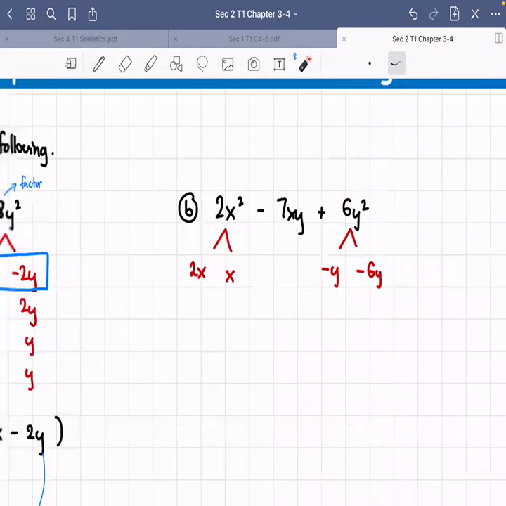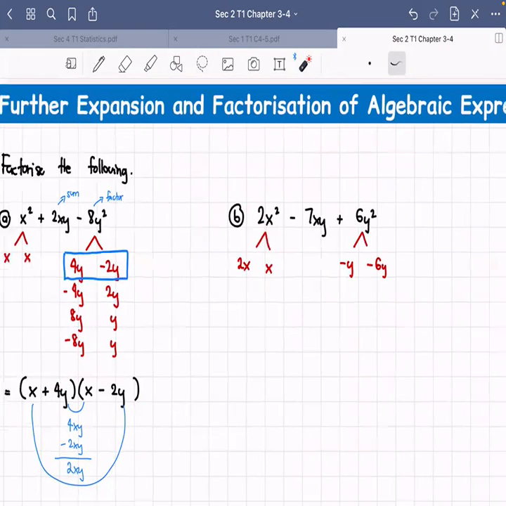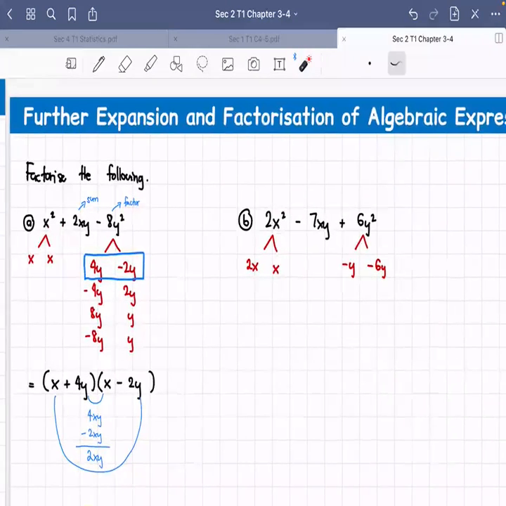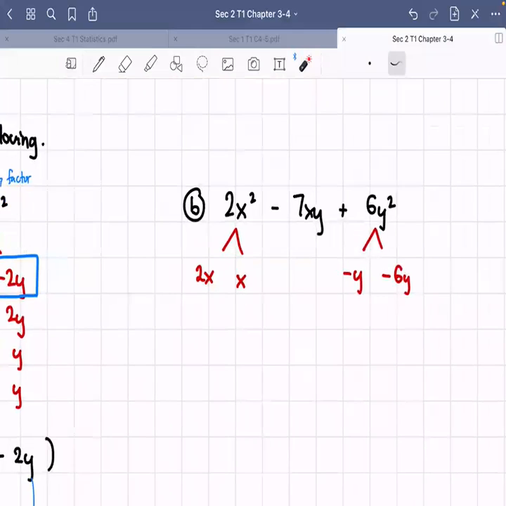Because if we have a number here, we need to do the checking method, the guess and check. Unlike letter A, where x squared is just x squared, so it's relatively easier compared to letter B. So we can have more factors here.